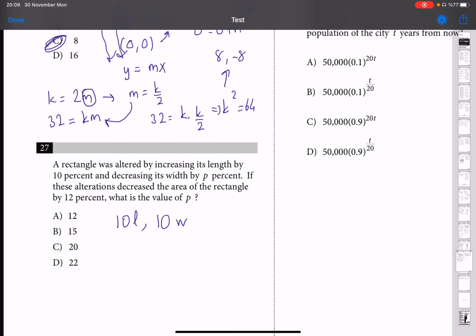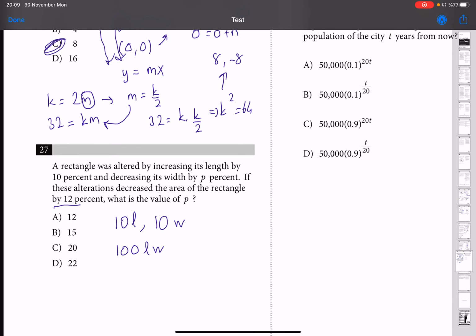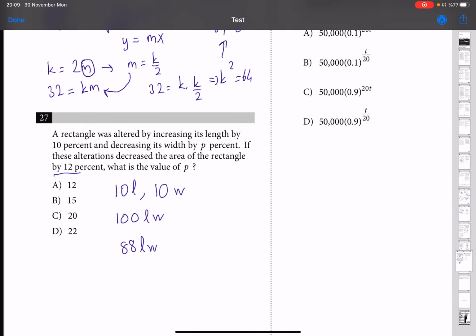If this alteration decreased the area of the rectangle by 12%, what is the value of p? So at the beginning, the area is 100 L times W, right? But the question tells us at the end, the area of the rectangle has decreased by 12%. So the final area is 88 LW.